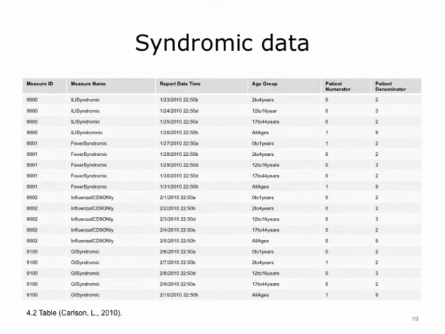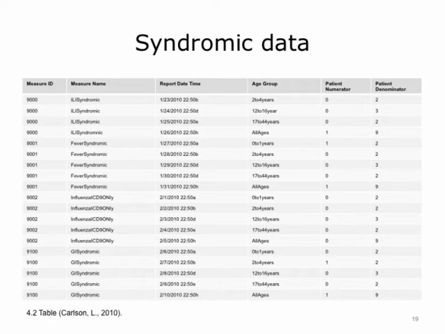When we collect the syndromic data or count data across a community, we're only collecting counts of patients that may have conditions and not actual patient information. We receive a file such as is shown here with a facility ID identifying where the information came from, and what measurements we're looking at, such as fever syndromic for patients that had a fever.